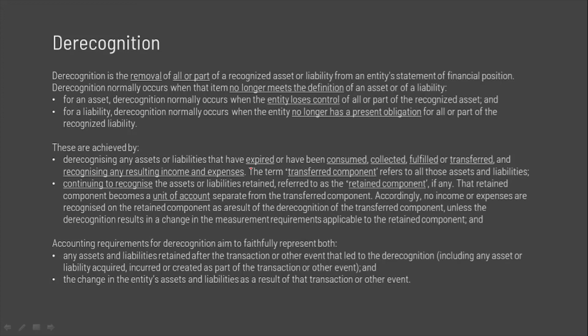income and expense. Letter B, continues to recognize any asset or liabilities retained after the derecognition, which is called your retained component. No income or expense is normally recognized on the retained component unless there is a change in its measurement basis.